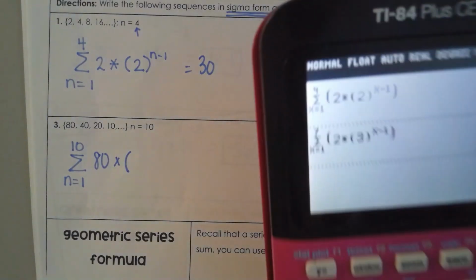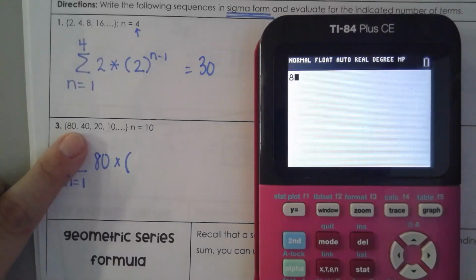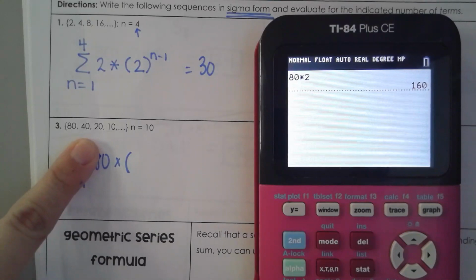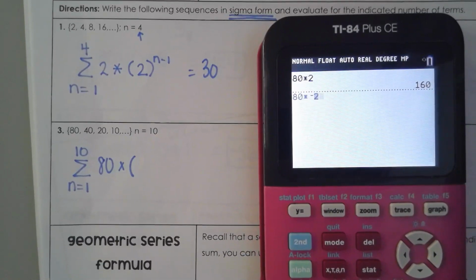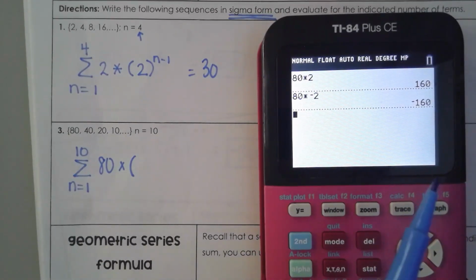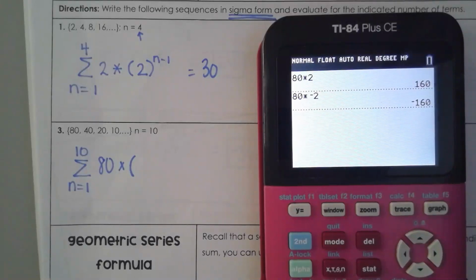Well, all right, so if my ratio was 2, my next term would be 160. It's not. Okay, the next thing I heard was -2, which is what most people say. That's still not right. We are dividing by 2, but with a ratio, I can't say the ratio is 2 because that means multiply.